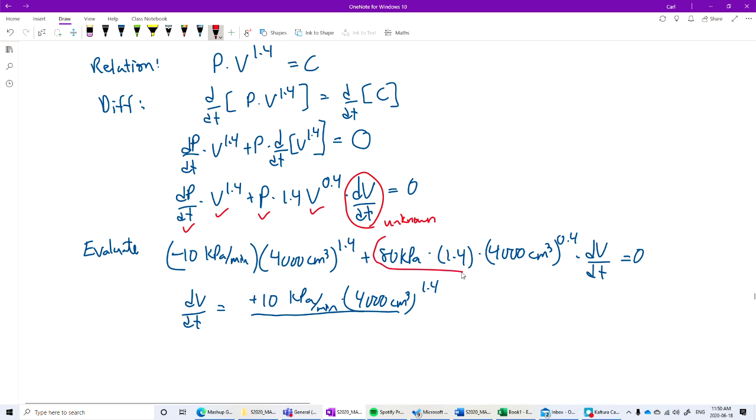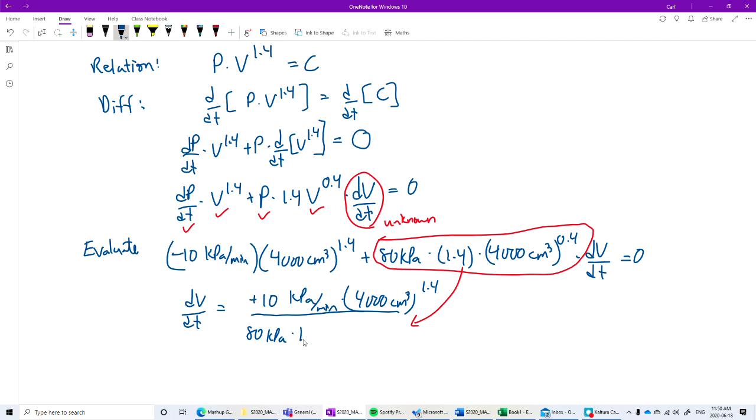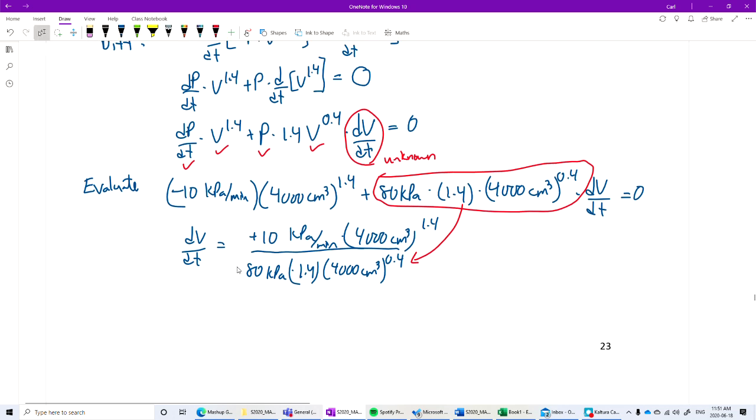All of this is multiplying in front, so that's going to go down here. So that's 80 kilopascals times 1.4, 4,000 to the power of 0.4. Okay, do you see why I did that? Because now these weird exponents are going to get a bit nicer.